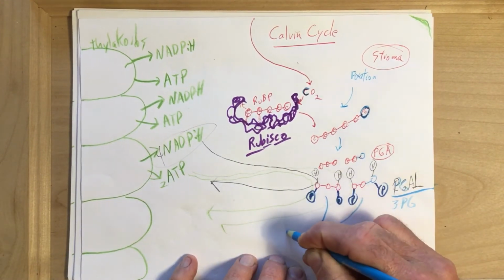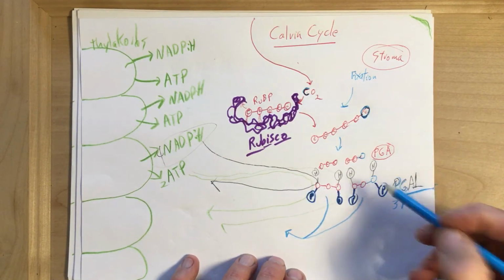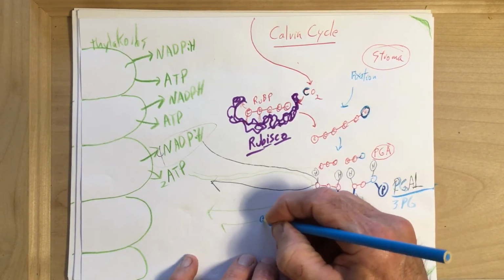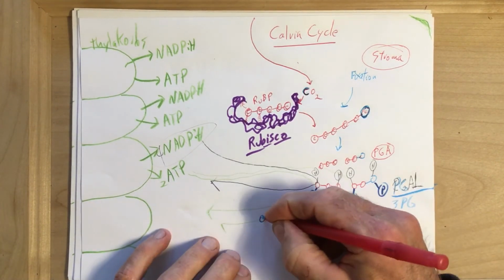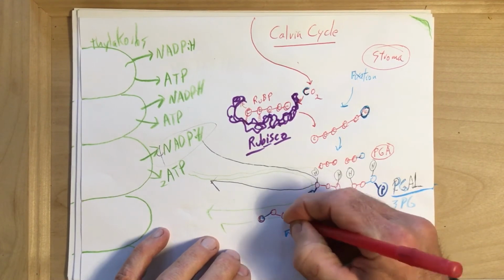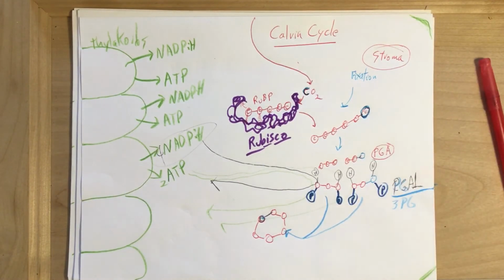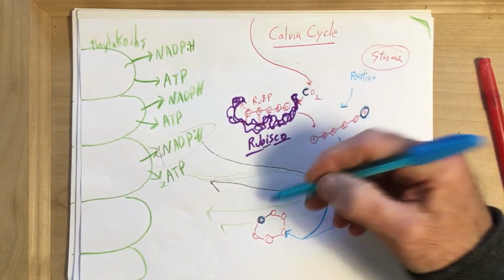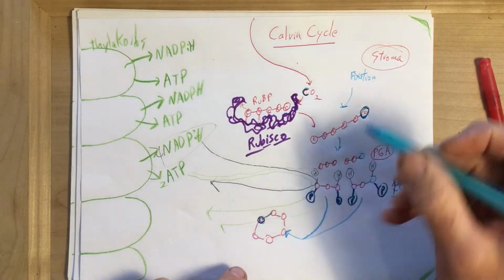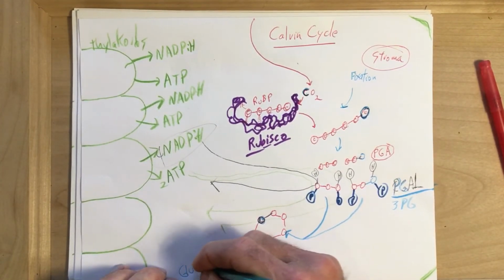The main thing we want it to do is if we take two of these and bind them together, remove the phosphates, we will automatically end up with glucose, which is what we're trying to make. 1, 2, 3, 4, 5, 6, right? One of those is our new one. One of these carbons is the new one that we brought in up here. That's the same carbon. These 5 red carbons are the ones we started with in RuBP. This now can leave as a glucose molecule.